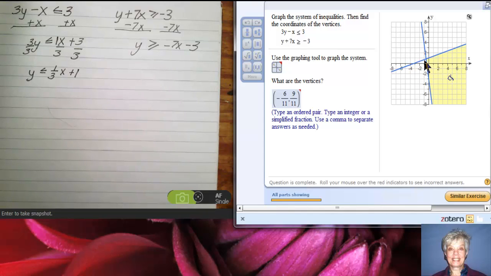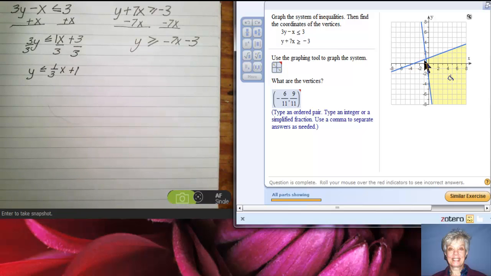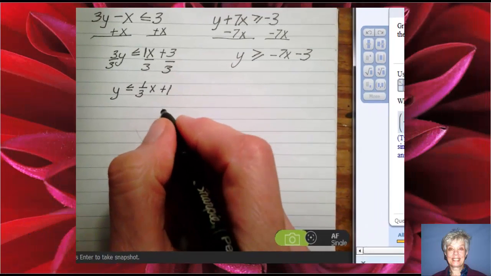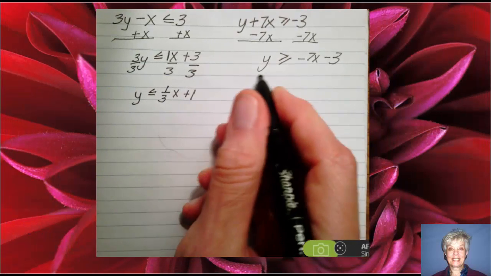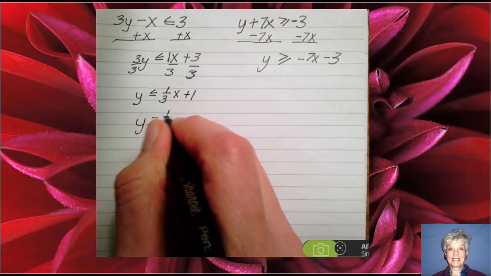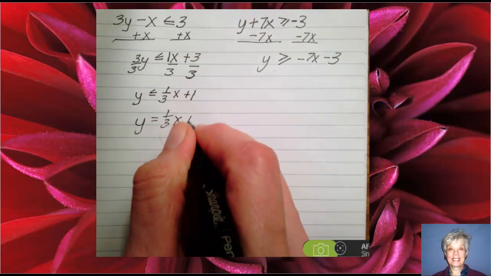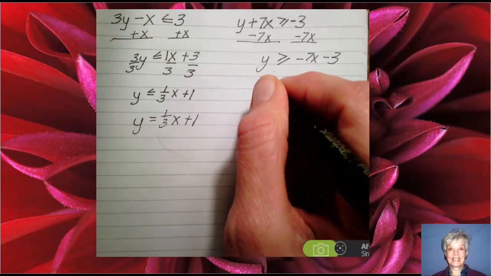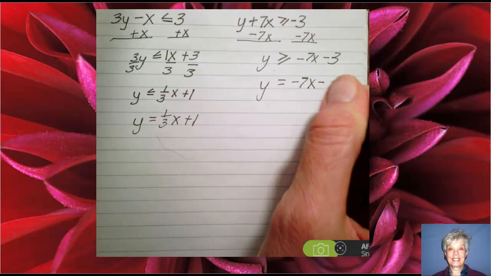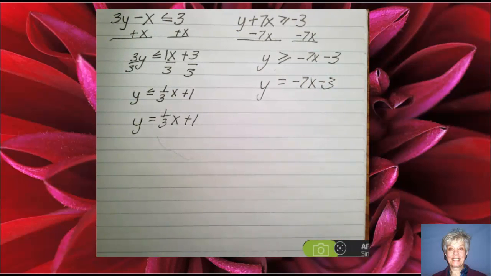And so, I am going to change each of these inequalities to y equals 1/3 x plus 1 and y equals negative 7x minus 3.